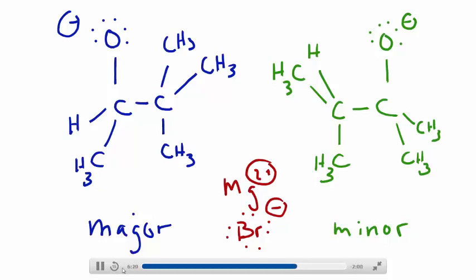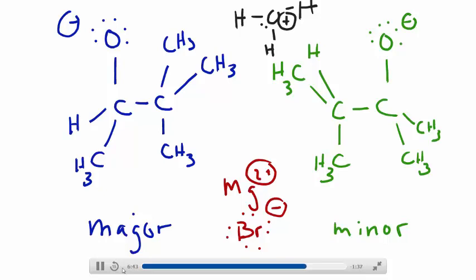So now we add in the proton. So we're going to bring in our proton source. I'm showing that as a hydronium, but you could use any acid you really wanted to here.